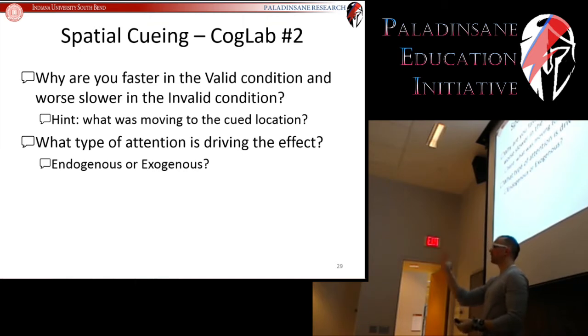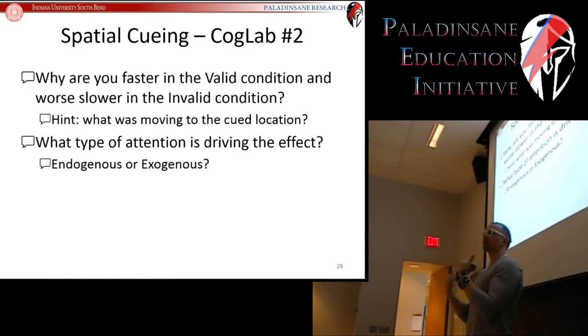There's nothing in the stimulus itself. If you showed an arrow to somebody who had never seen an arrow before and it was pointing this way, their eyes wouldn't immediately go like this, right? There's nothing biological about arrows pointing our attention somewhere else. It's goal-directed.